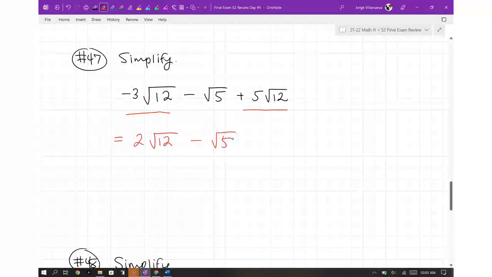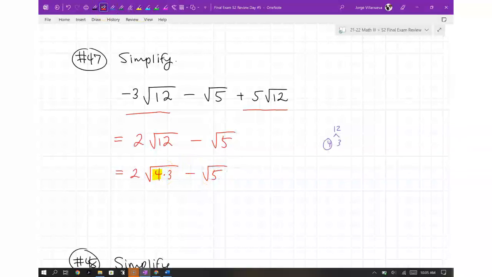Now notice the radical 5, there's nothing I can do with that. It's just square root of 5. I can't break it down. I can't take out the radical, nothing like that. But the 12, we just saw in the previous problem that 12 is 4 times 3, and the 4 has a nice square root. So let me rewrite that. That's 2 square root of 4 times 3 minus the square root of 5. The 4 has a nice square root.